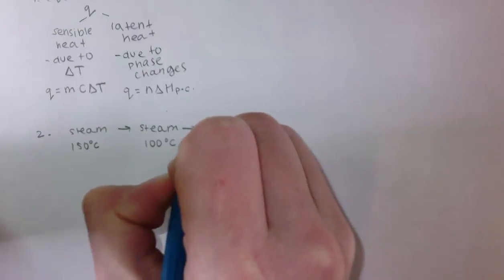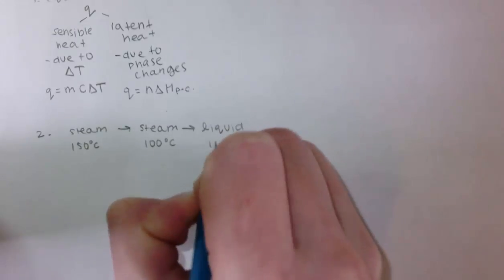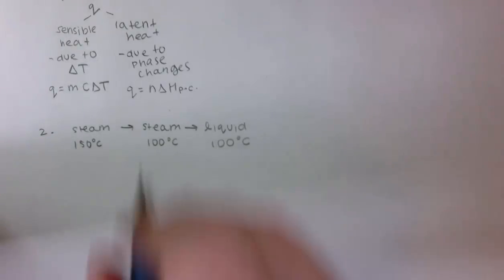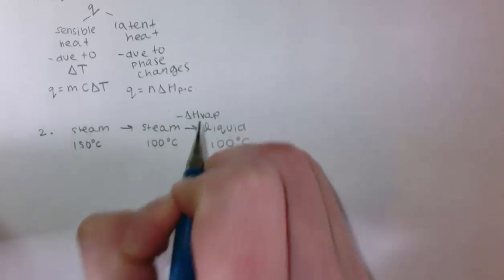And this is not accompanied by a temperature change. So we're going to transition to liquid at 100 degrees Celsius. And to describe this process, we're going to use the negative heat of vaporization, because the heat of vaporization describes transitioning from a liquid to a vapor. And in this case, we're transitioning from a vapor to a liquid.